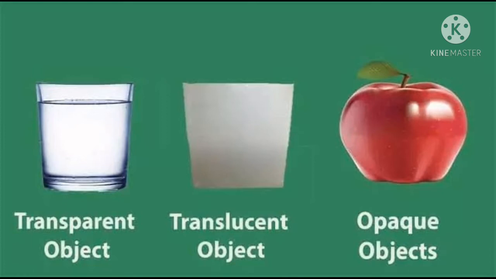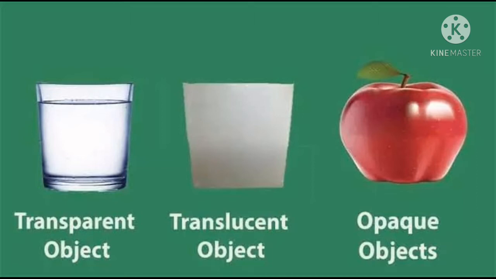Transparent and translucent materials reflect a certain amount of light. If they did not reflect a certain amount of light, we would be unable to see them. They would be invisible. Light cannot pass through some materials like wood, stone, rubber, and metal.